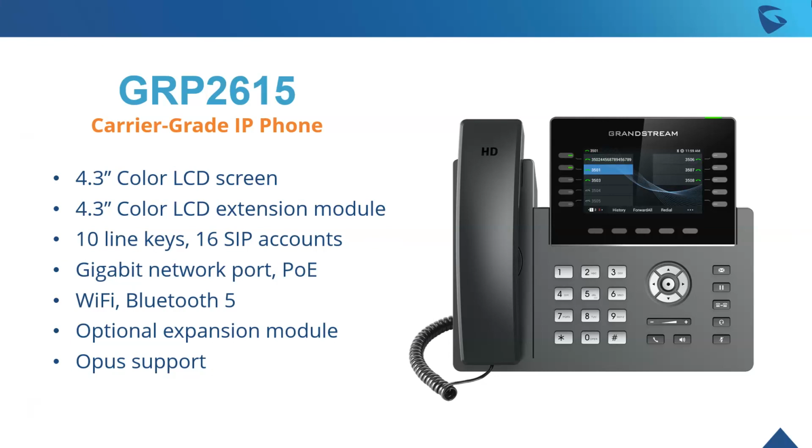It has 10 line keys, 16 SIP accounts, gigabit network ports and PoE, supports Wi-Fi, Bluetooth, of course the optional expansion module. This one is the sort of cream of the crop, you could say, when it comes to this line. Of course, like all devices, and I know I sound like a broken clock with it, supports Opus on every single device.